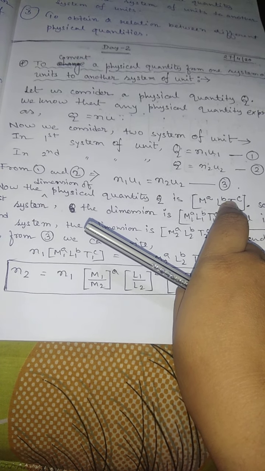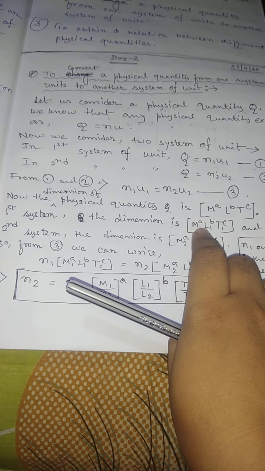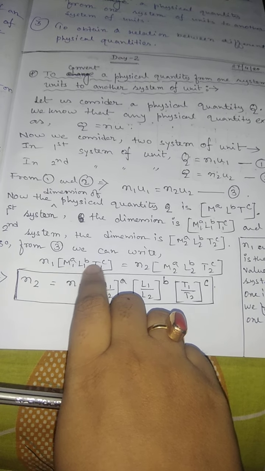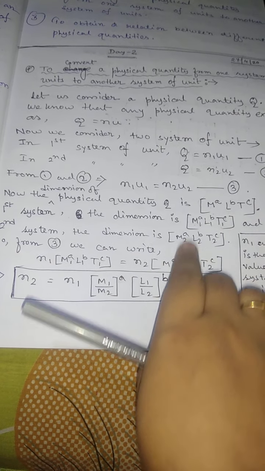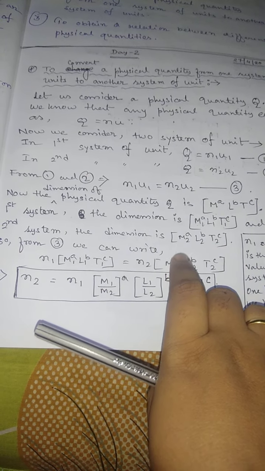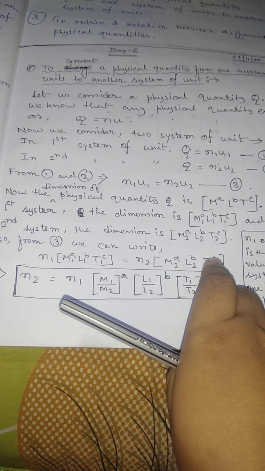N1 into M1 to the power a, L1 to the power b, T1 to the power c equals N2 into M2 to the power a, L2 to the power b, T2 to the power c.